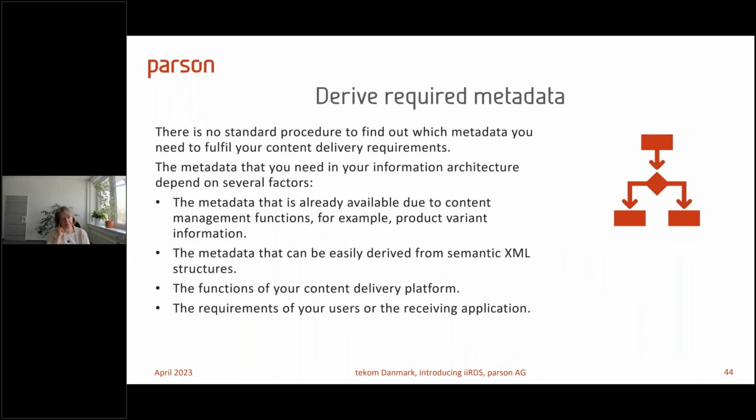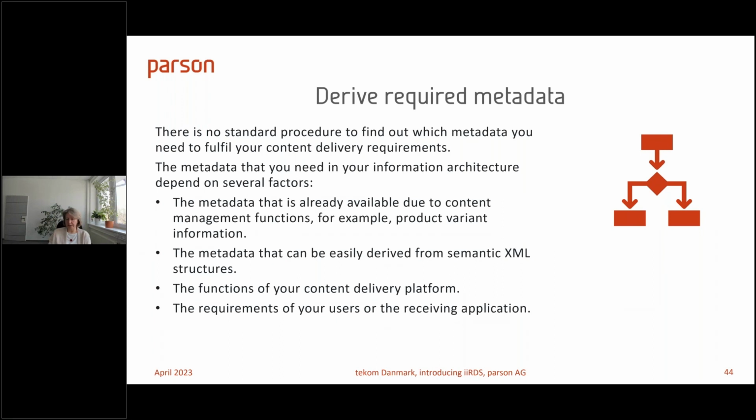So as I said, to decide which metadata you actually need, there is no standard way, and iiRDS does not decide how you derive the metadata that you need. But there are some sources that you can use. And one is, of course, your existing content management system, where you probably have a lot of variant information already, and you can use that.